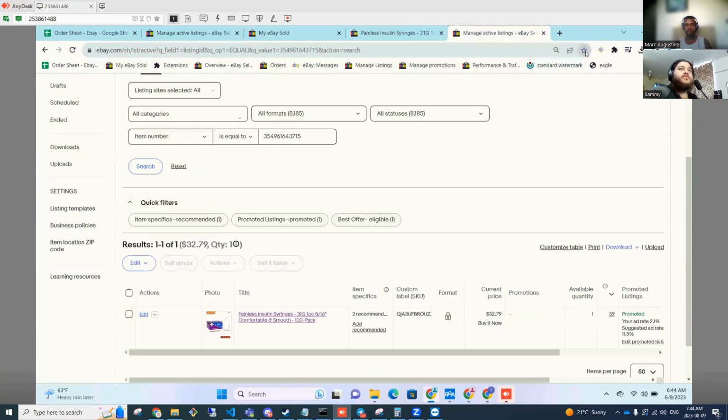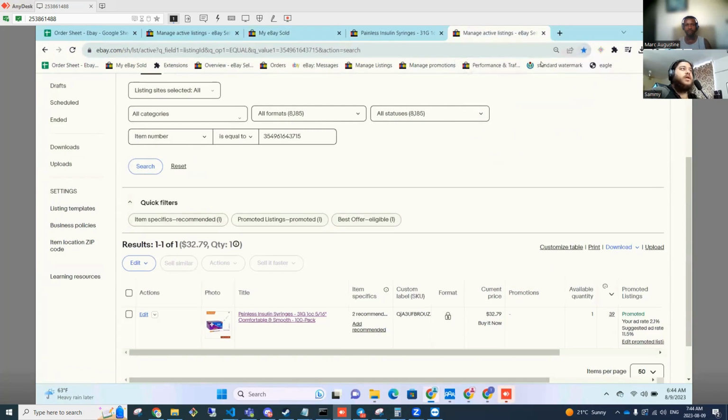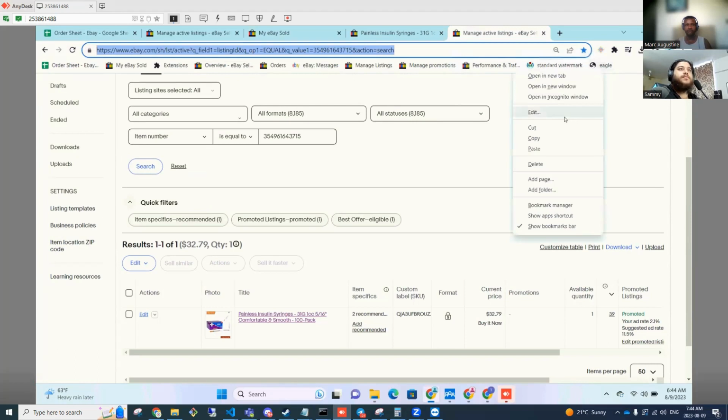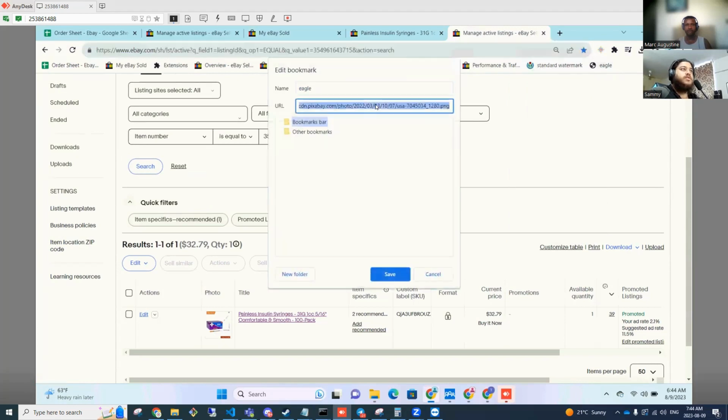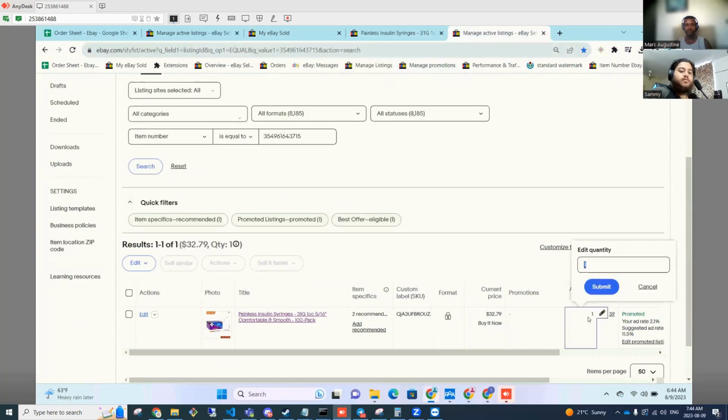Just to make this easier for next time, I'm just gonna go bookmark this tab. Where did I bookmark it? Let me do it from here. Right over here. So this is the item number eBay page, right? So now if I want to increase my quantity, I can just put it to 3, and there you go, done.